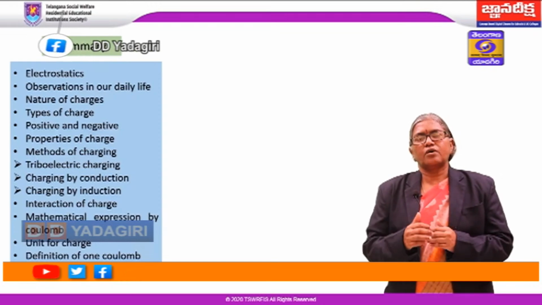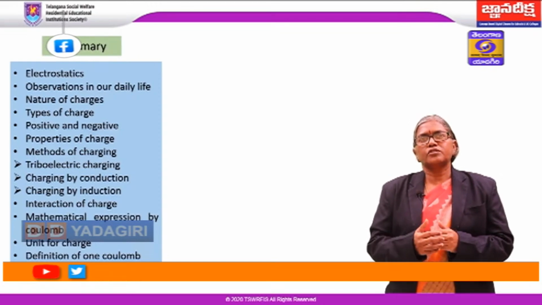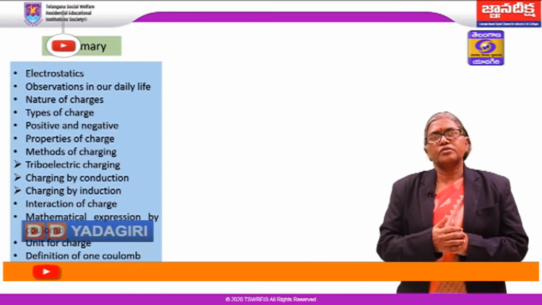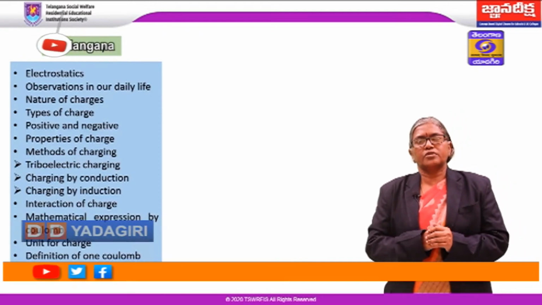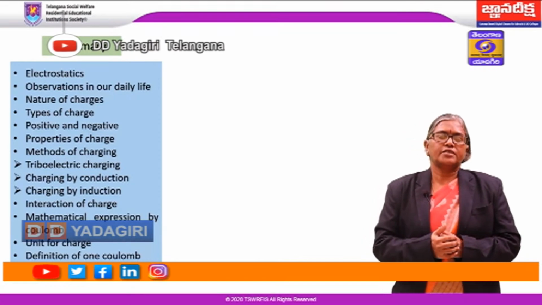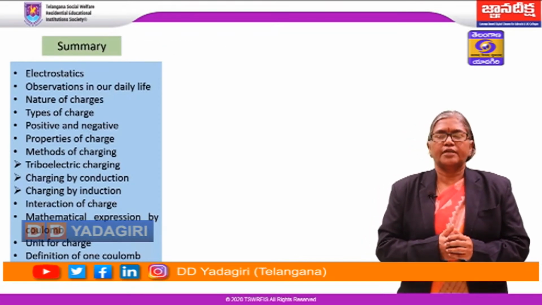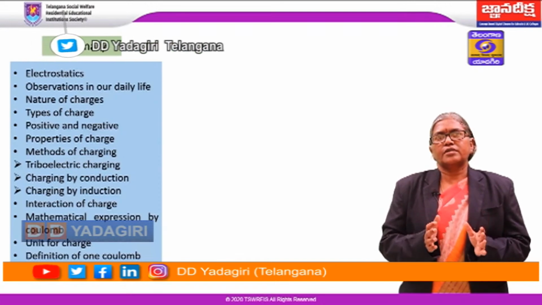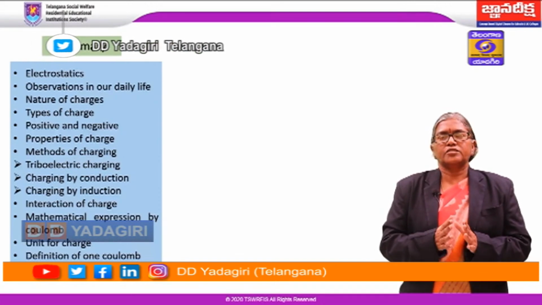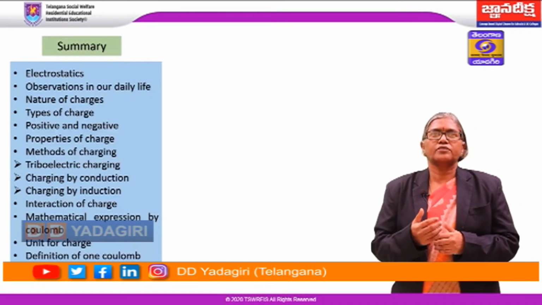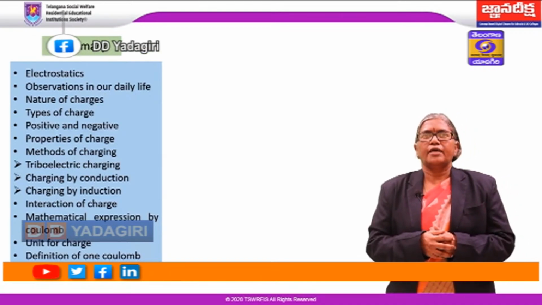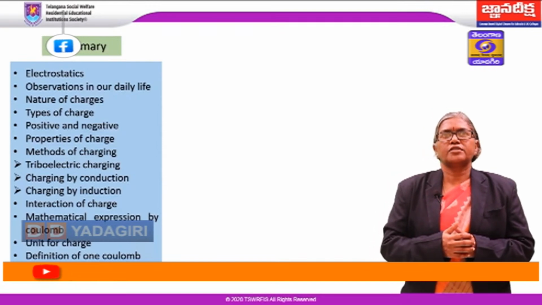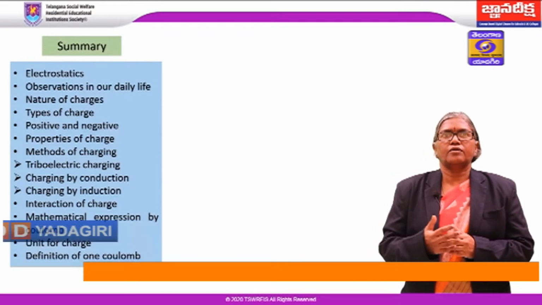That means if the charge value increases, the force between them also increases. And the electrostatic force is inversely proportional to the square of the distance between the two charges. That means if the charge separation is more, the electrostatic force is less, and if the separation is less, the force is more. In the inverse, we have r squared. That's why it is called the inverse square law.